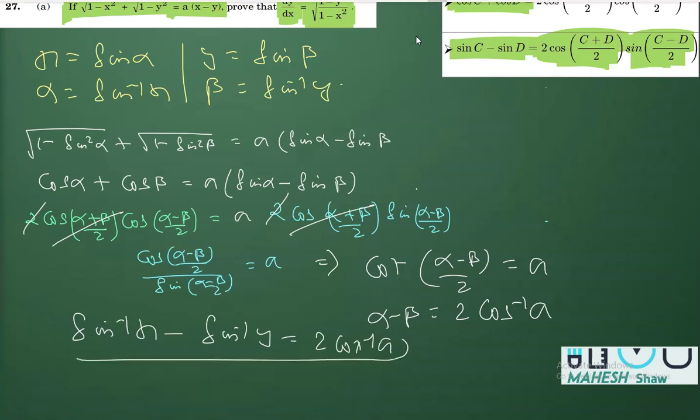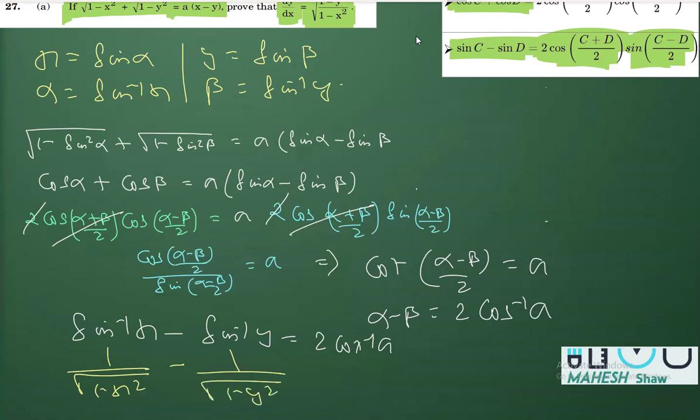Now, from here onwards, I'm finding the derivative. If I differentiate both sides with respect to x, for sine inverse x it is 1 over under root 1 minus x square. For sine inverse y it is 1 over under root 1 minus y square times dy by dx by chain rule, and the right side is 0.